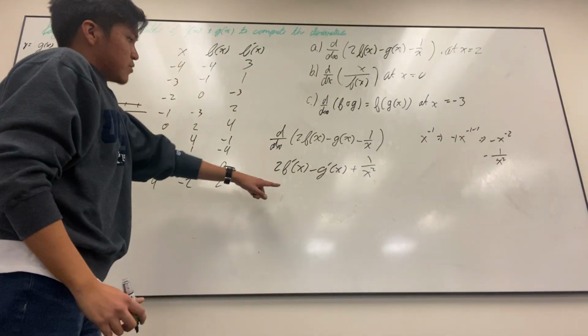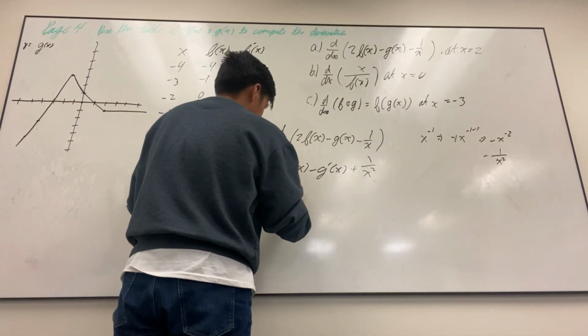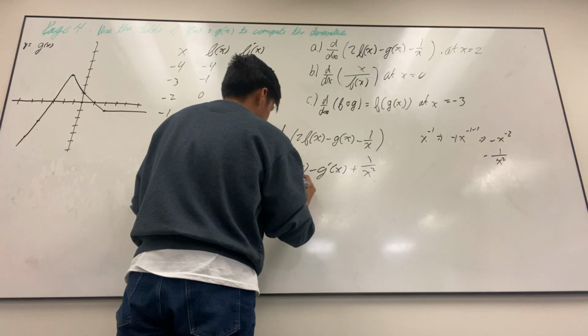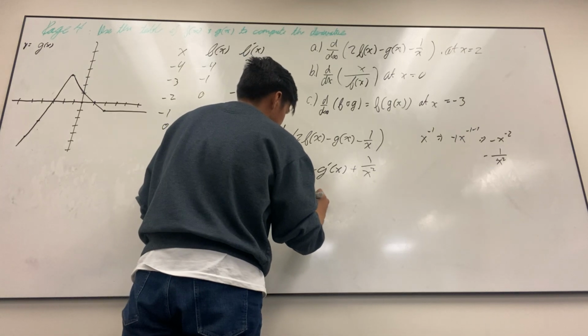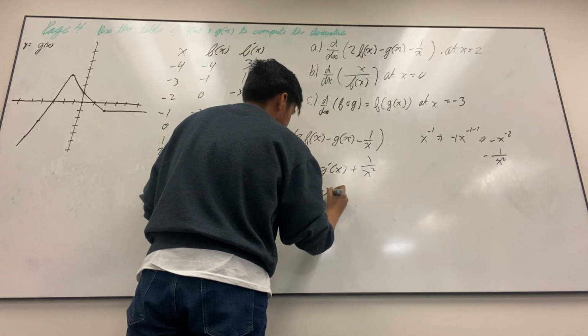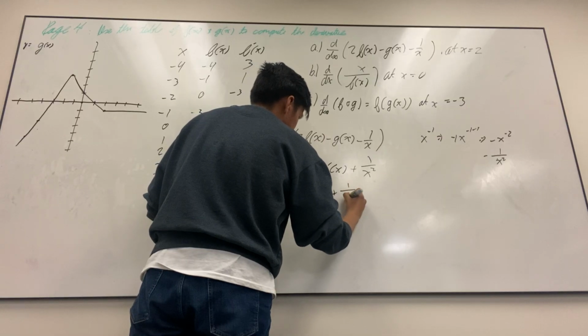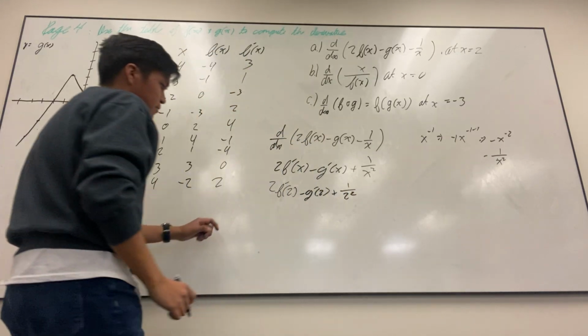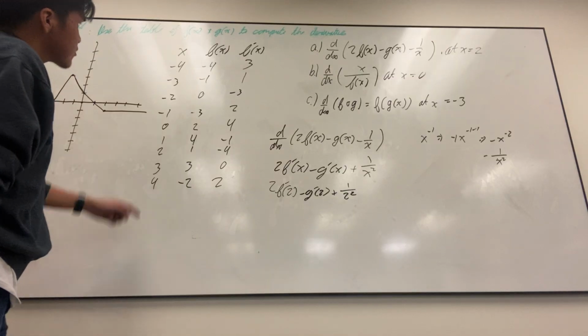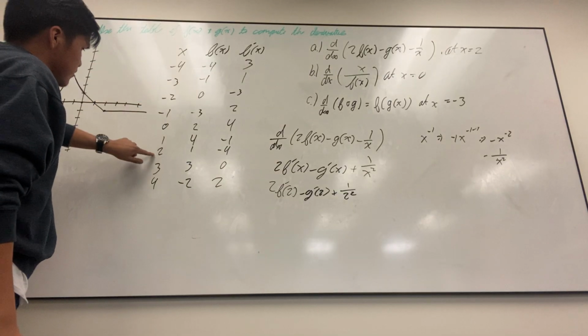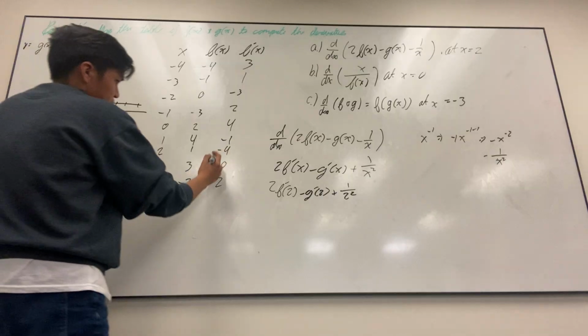So x is 2, we plug in for each value. So 2 times f prime of 2 minus g prime of 2 plus 1 over 2 squared. So at x values, we look for 2. So here's 2. And for f prime, we have negative 4.